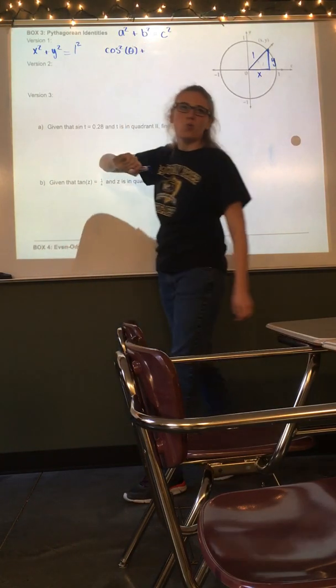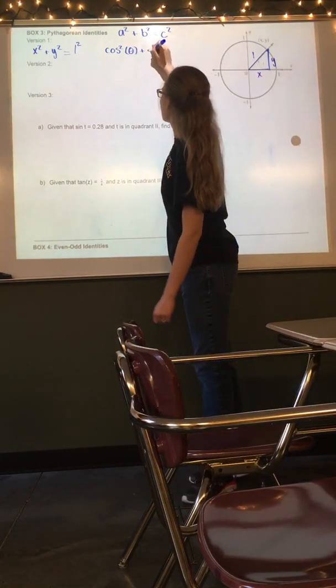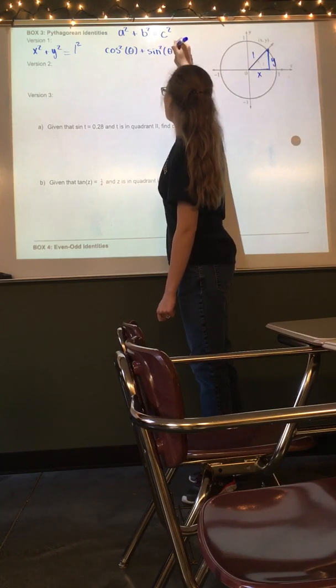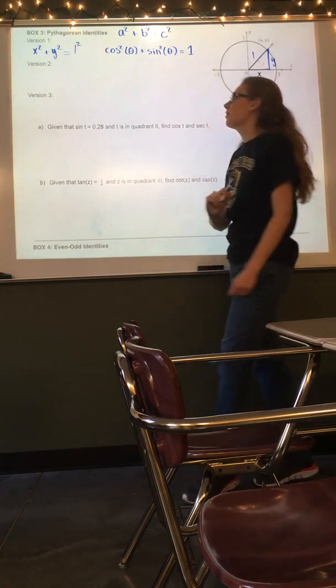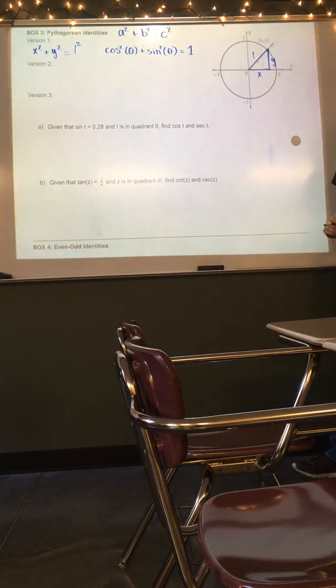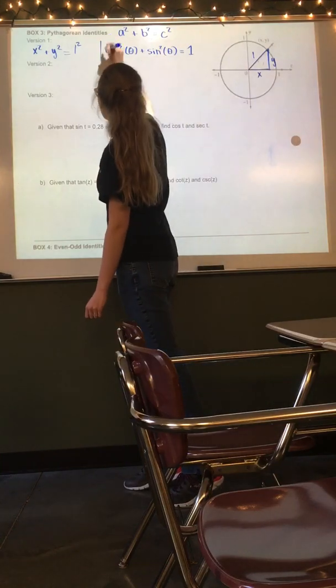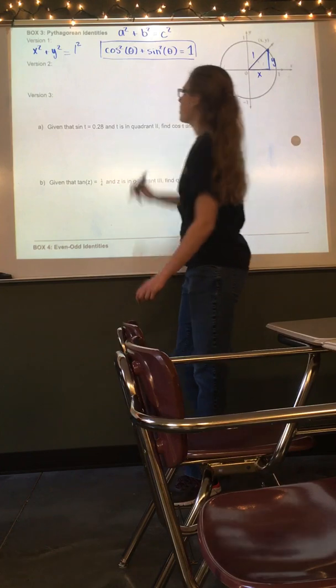And instead of writing y, substitute sine squared of my angle. And 1 squared is still just 1. Cosine squared plus sine squared equals 1. Main, most important Pythagorean identity.